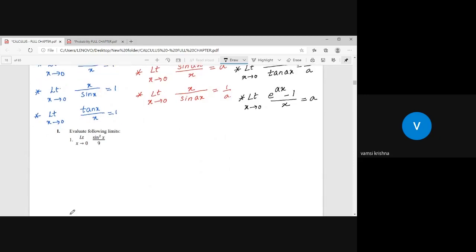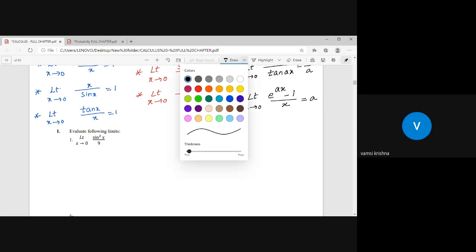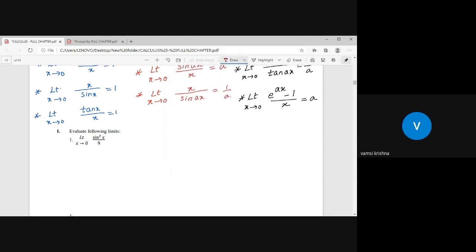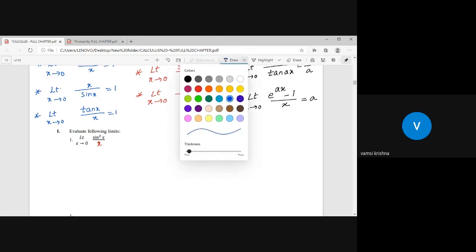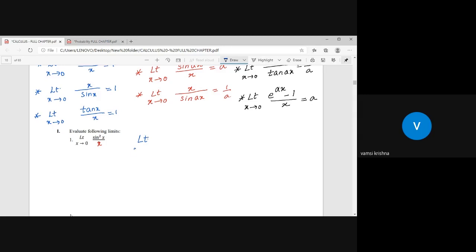Now my example question is: evaluate limit x tends to 0, sine square x by x.